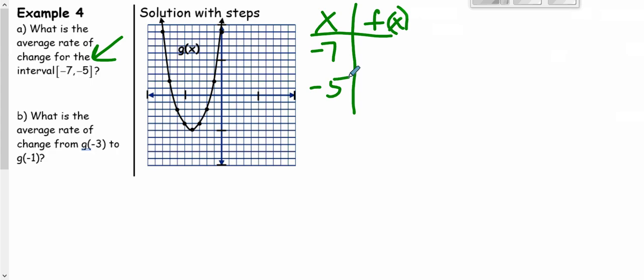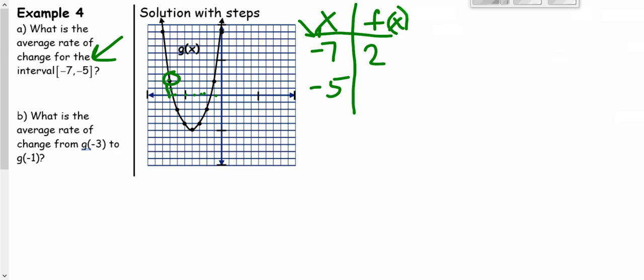Let's go evaluate those in the graph. What do you get as an output for an input of -7? Well, you've got to count over 7 spaces to the negative direction. 1, 2, 3, 4, 5, 6, 7. And I'm going to look up. That's the point I'm looking for. That point is up 1, 2 spaces, so that's a +2.